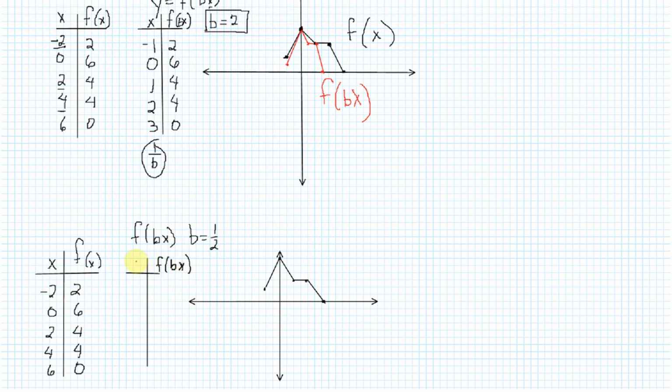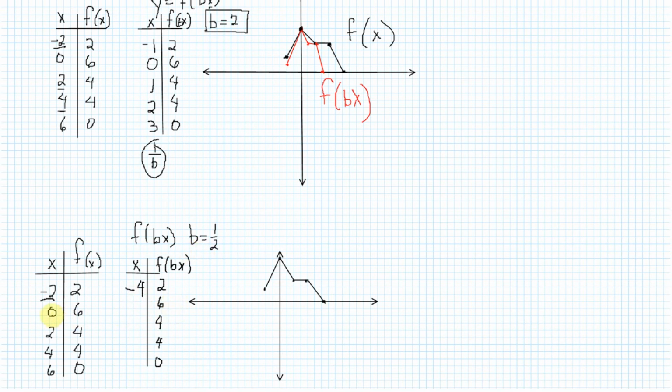So what x component do I need to put in to get the same output? If I'm multiplying by 1/2, if I need to have a -2 to produce 2 out, I'm going to have to multiply -4 by 1/2 to give me that -2.